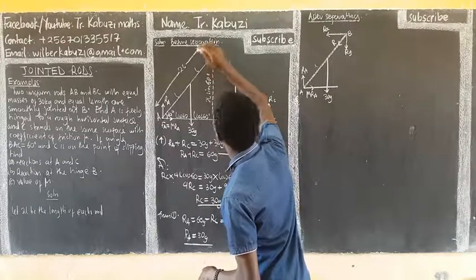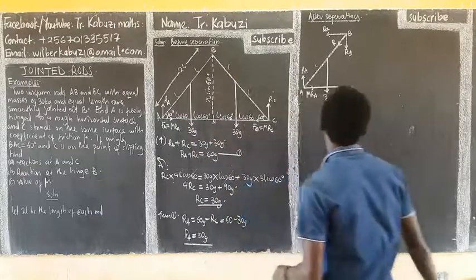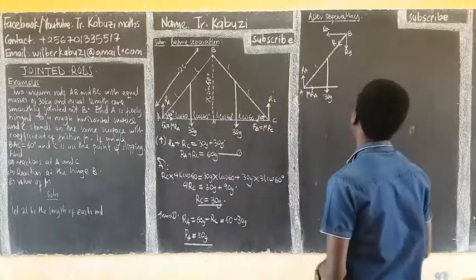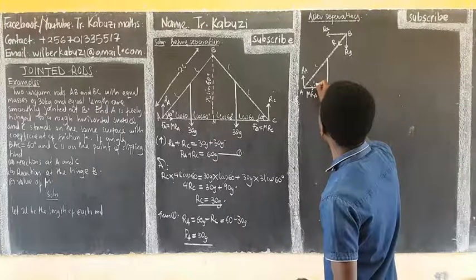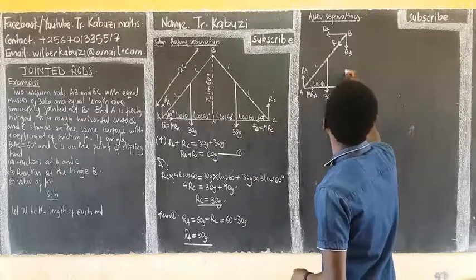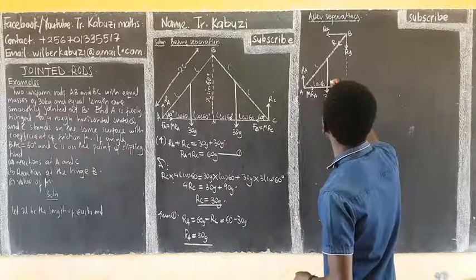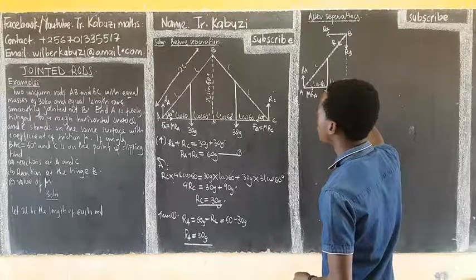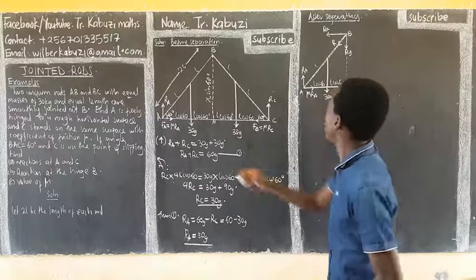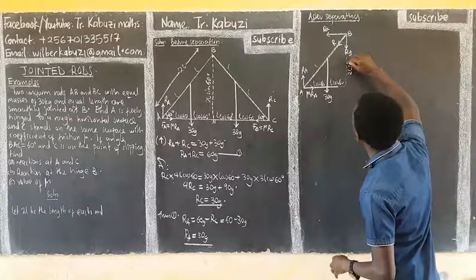So this one is our L cos 60 degrees, and this one is also L cos 60 degrees. Then the whole of this is 2L sine 60 degrees, the distance there. So after having that, the rest are going to be very easy. We have just separated that.